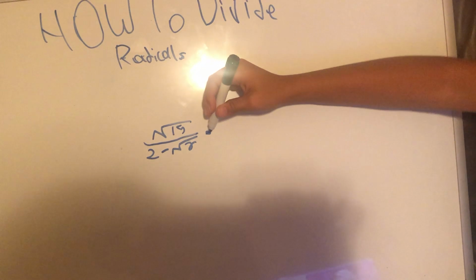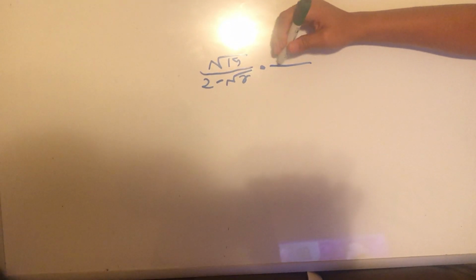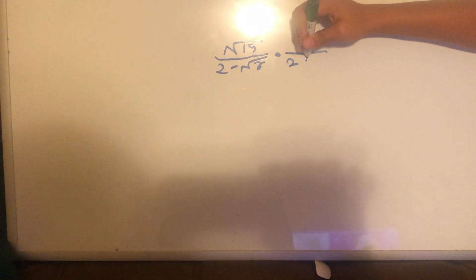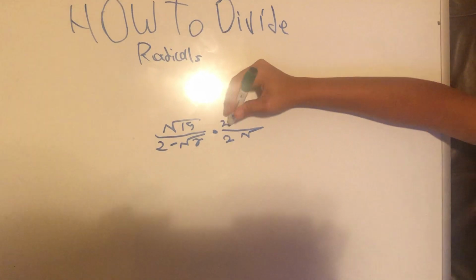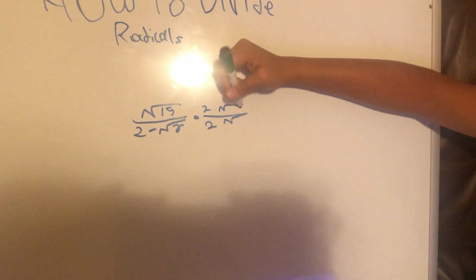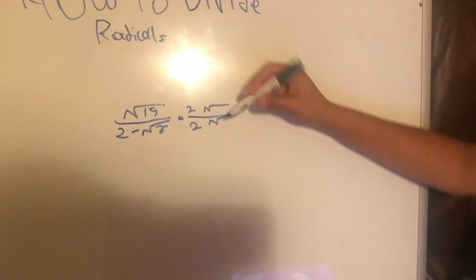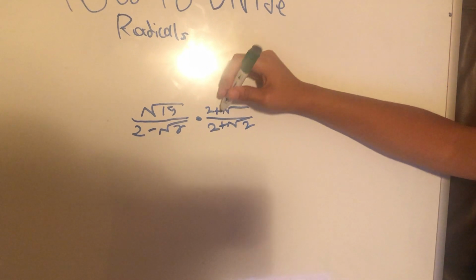Now, generally it's the same, but there are a few things that change. For one, you would bring over the entirety of the denominator, not just the radical. And you would flip the signs. So 2 minus radical 2 is now 2 plus radical 2.